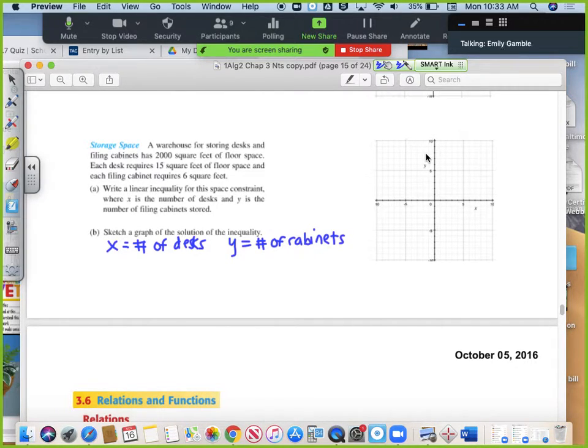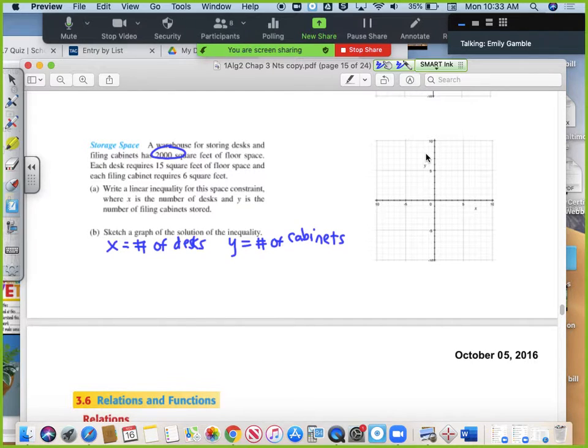Alright, so they tell us in the problem X is the number of desks and Y is the number of cabinets. They tell us the warehouse has at most 2,000 square feet. You have to kind of pull that out from the problem. It doesn't say the word at most, but you have to realize you can't exceed that.